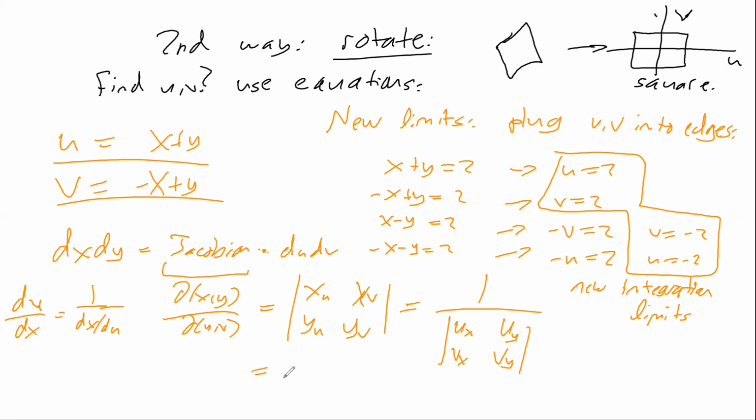So these derivatives are easy. Ux is 1, uy is 1, vx is -1, vy is 1. I'm sorry, it's 1 over this. So you just need to add a 1/2 to the integrand, and then you'll have the correct integral.